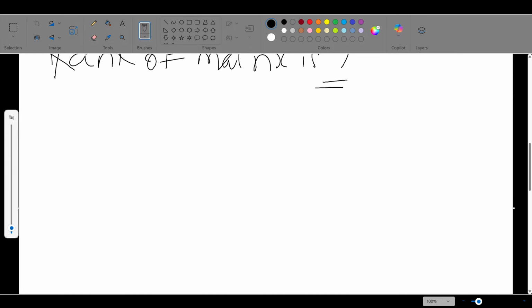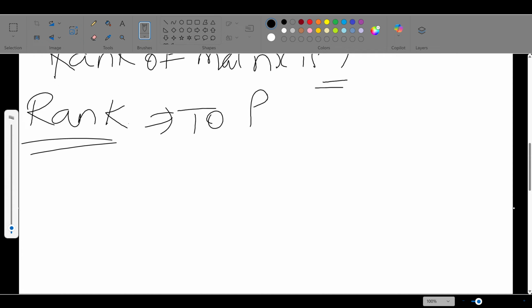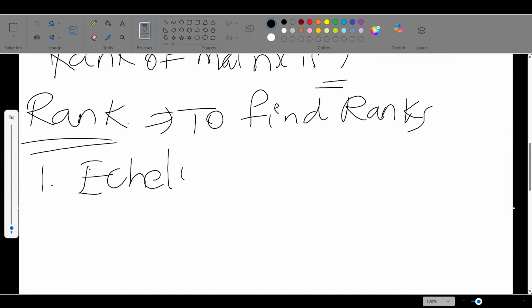How to find the rank? There are a few methods. We usually have two methods. One method is echelon form, which is basically a kind of row reduction.